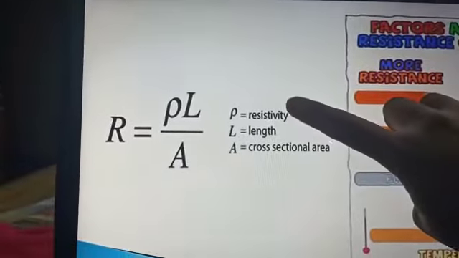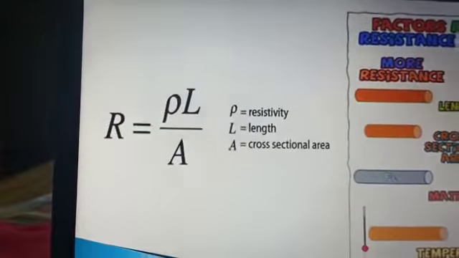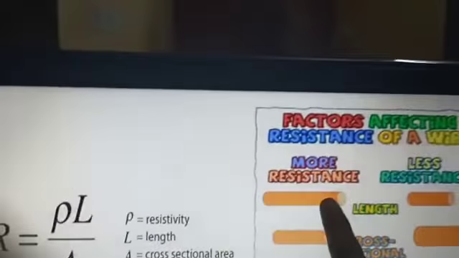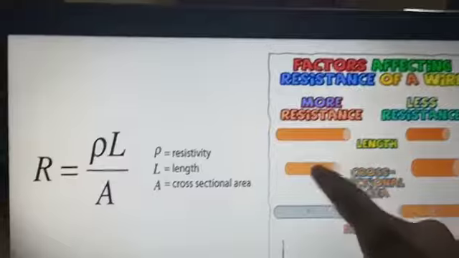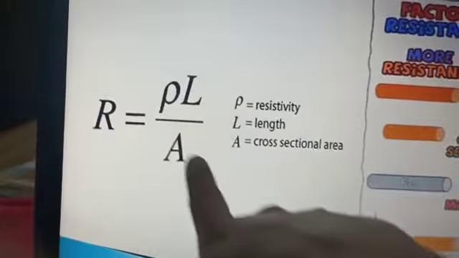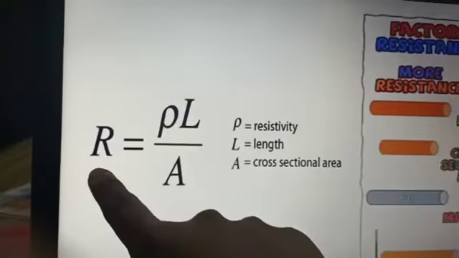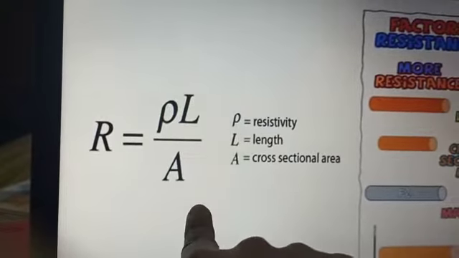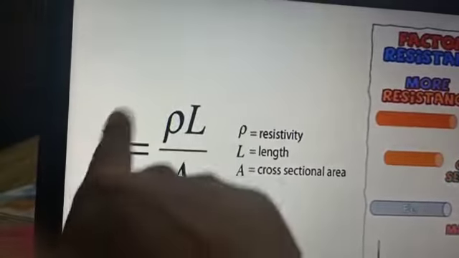So resistivity depends on the nature of the material. Length is directly proportional to resistance. So more the length, more the resistance, lesser the length, lesser the resistance. Area of cross section is inversely proportional. Inversely proportional means more the area, lesser the resistance, lesser the area, more the resistance. They are opposite to each other.